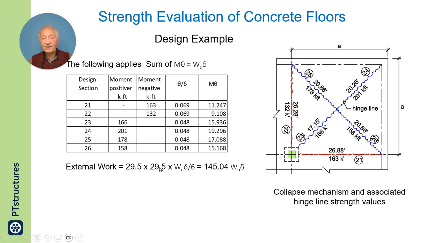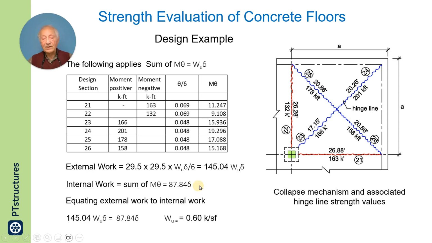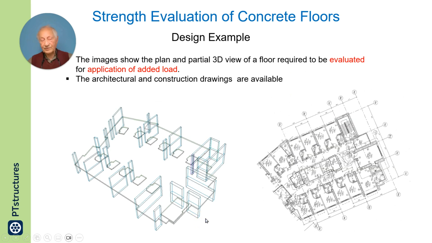This is the area, this is unit load, this is the displacement of the centroid, and the internal work is here. Equated the two together and obtained the load capacity of the floor to be 0.6 kips per square foot.